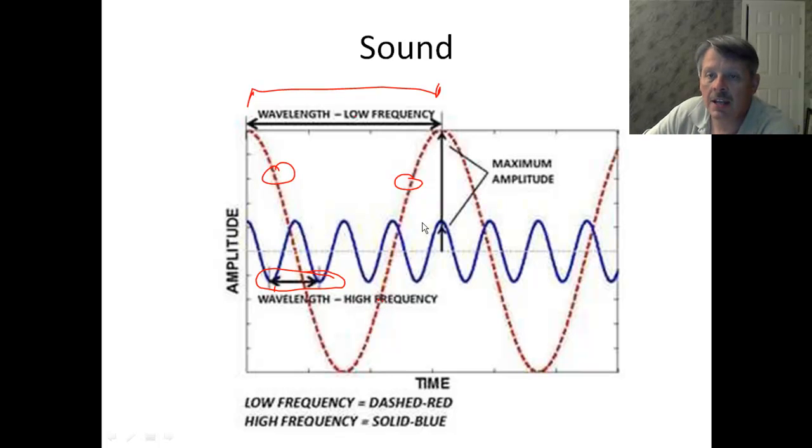If I look at how high the waves are, this wave is that high. It's the distance from the origin, or the middle, to the top, or the middle to the bottom, it doesn't matter. And if I look at the big wave, it goes all the way up to here, so it has a very high amplitude. It is very big.